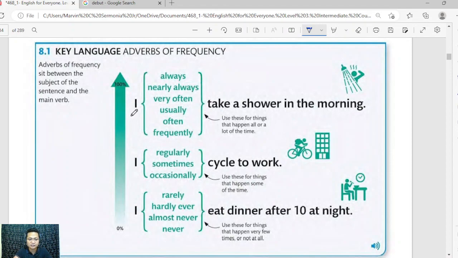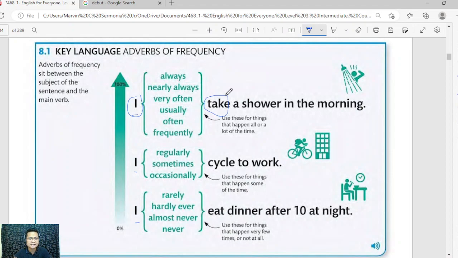We have here the subject, I, I, and I. And the words that come next after the word I are called the adverbs of frequency. And the words after these adverbs of frequency are the main verbs. So it's correct. The adverbs of frequency should sit between the subject and the main verb.